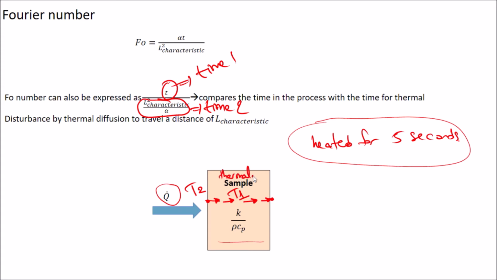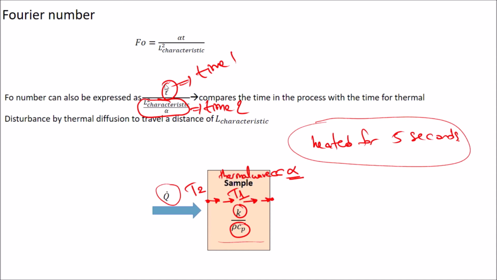This thermal wave has some speed, and that speed is proportional to the thermal diffusivity of the material, how it conducts heat versus how it stores heat. So higher alpha means a shorter time for the travel, and the smaller the length of the material, the shorter the time to travel.